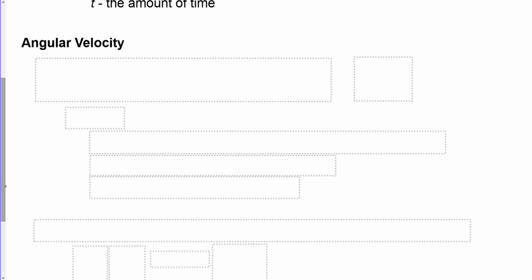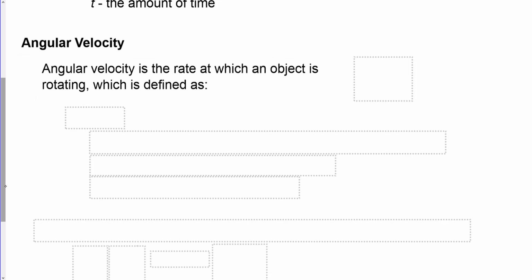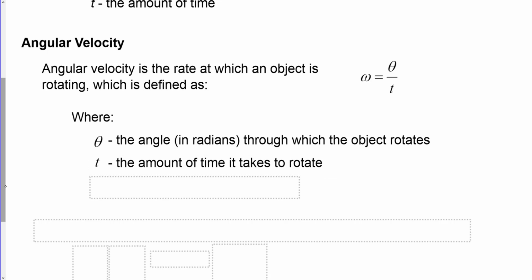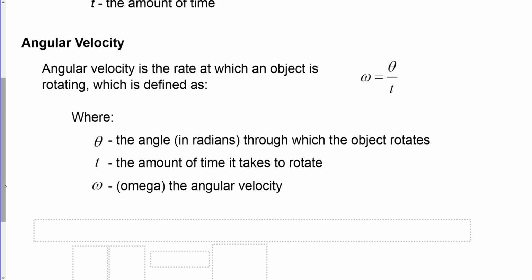Angular velocity is the rate at which an object is rotating, which is defined as omega equals theta over t, where theta is the angle in radians through which the object rotates, t is the amount of time it takes to rotate, and omega is the angular velocity.